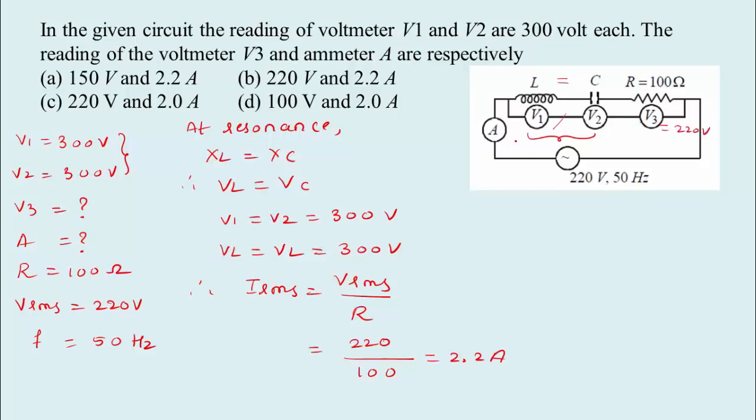And current across the ammeter is 2.2 ampere, and voltage across the resistor is 220 volt. Because these two cancel each other, we will get only the resistor. So the answer is 220 volt and 2.2 ampere. That is option B is right.